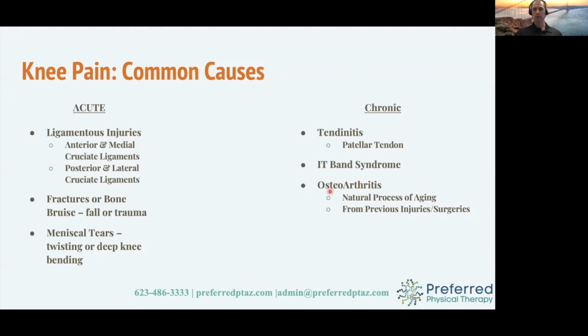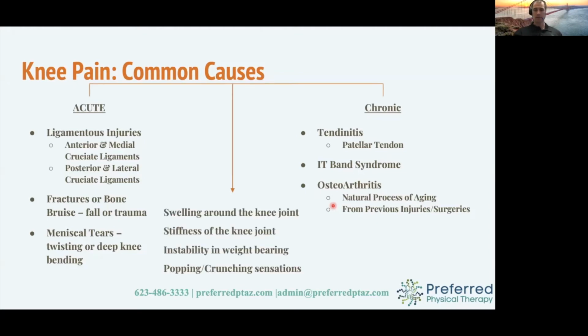And then of course we have the osteoarthritis, which is a natural progression of aging, but also can be amplified or accelerated because of previous injuries or surgeries. Ultimately, these two things can present very similarly in swelling around the knee joint, swelling of the knee, instability in weight bearing, so loss of balance, feeling like the leg is giving out, also popping or crunching sensations.